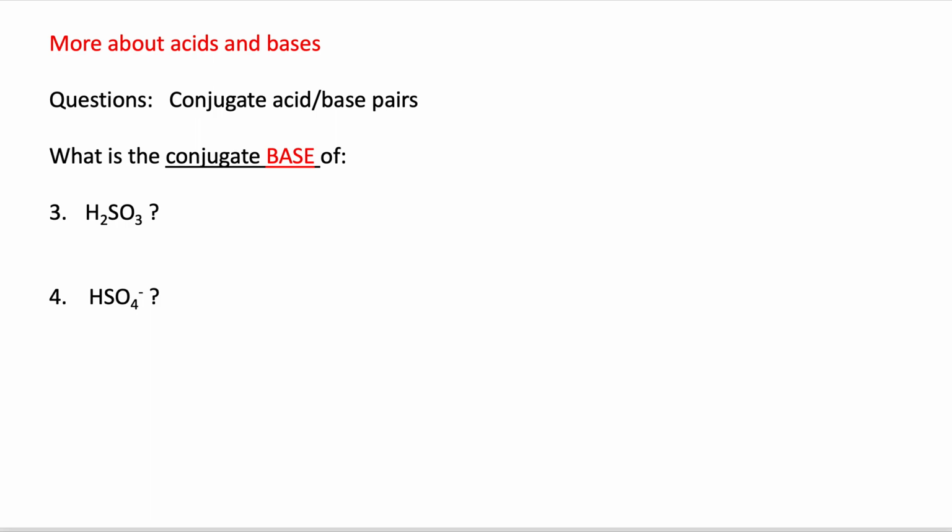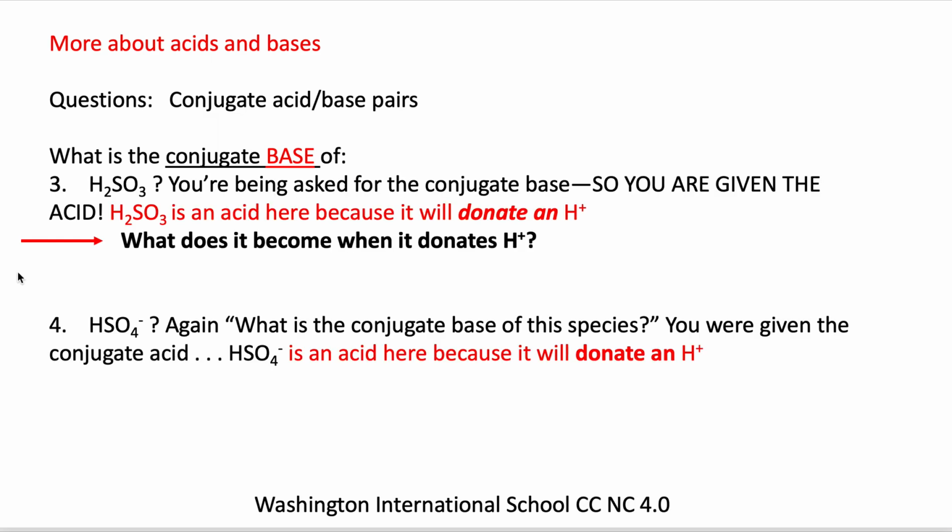We've got a couple more similar but different questions. What is the conjugate base of these two species? So the first one is sulfurous acid, and you're being asked for a conjugate base. So you are given an acid.